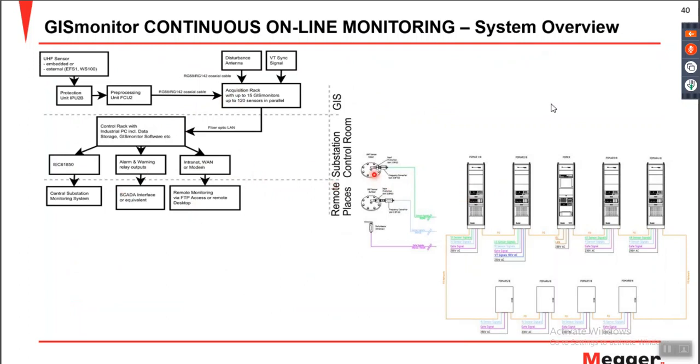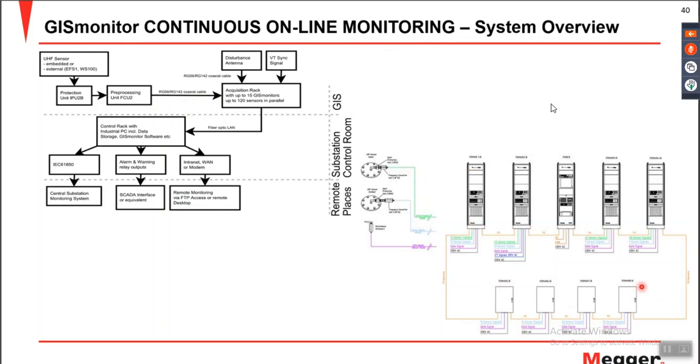From the UHF sensor, either an embedded or an external UHF sensor, our FCU and IPU are connected directly at the sensor connections, and the normal coaxial cable, RG58 for indoor or RG142 for outdoor, is connected to our front end units, and they are routed through the acquisition racks.